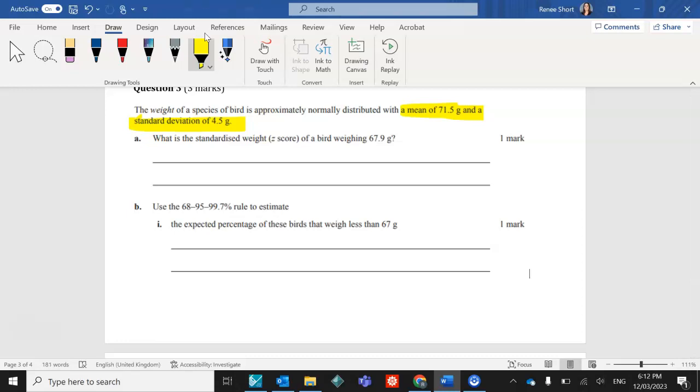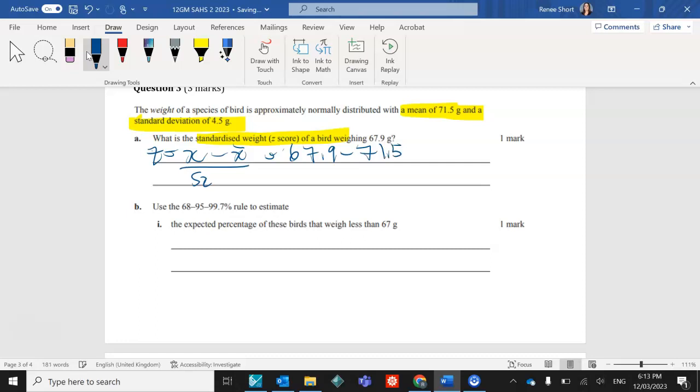It first of all wants us to find a z-score to begin with. So remember, if we're finding a z-score, my formula is the actual score minus the mean divided by the standard deviation. This bird has an actual score of 67.9. I then subtract away the mean.